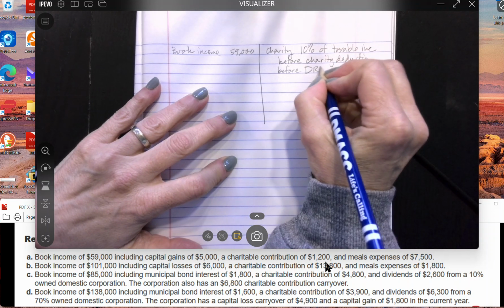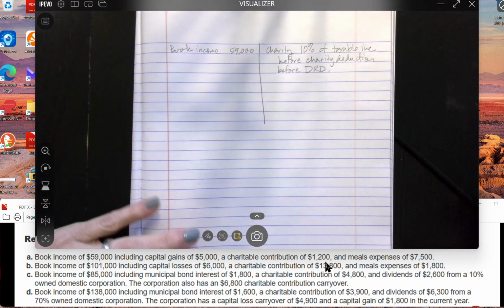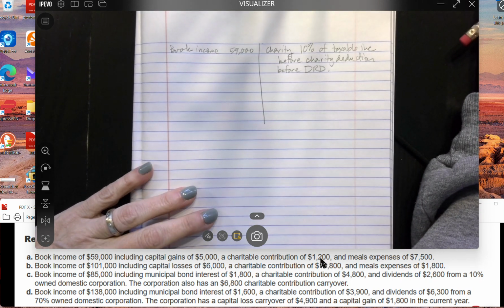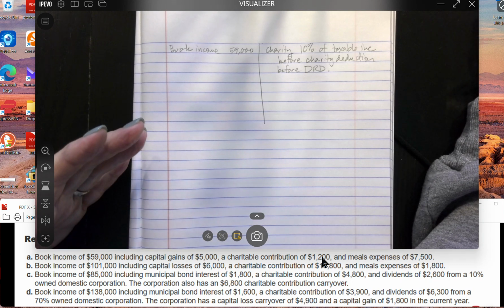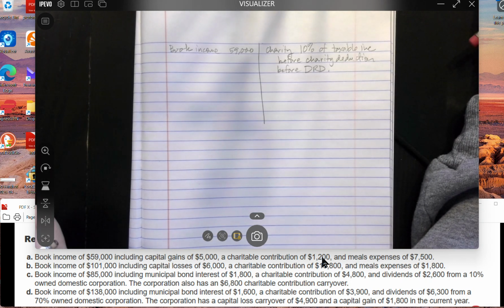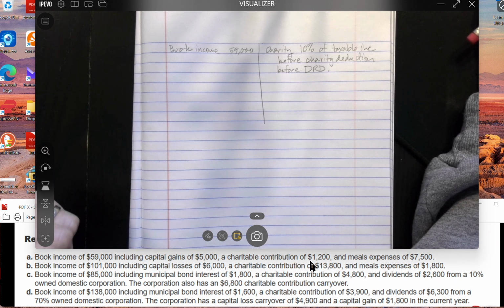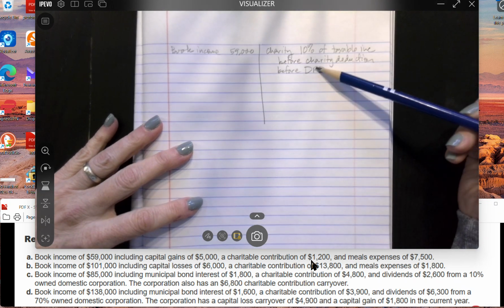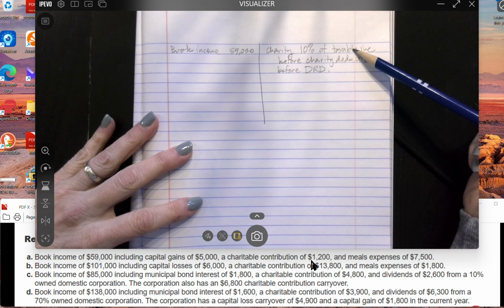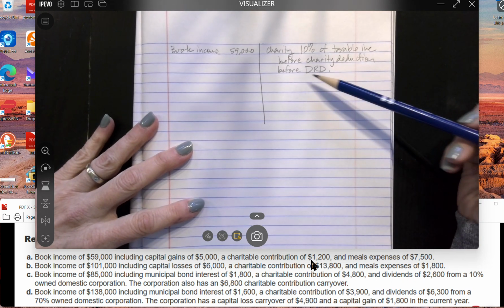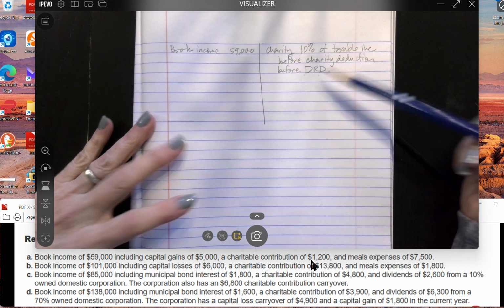any dividends received deduction. Okay, so we need to figure out if this charitable contribution that we made, we know it was deducted on the books, is an item that we are allowed to take 100% of for tax purposes. So we've got to do a calculation of what 10% of our taxable income before the charity deduction, before any dividend received deduction is.